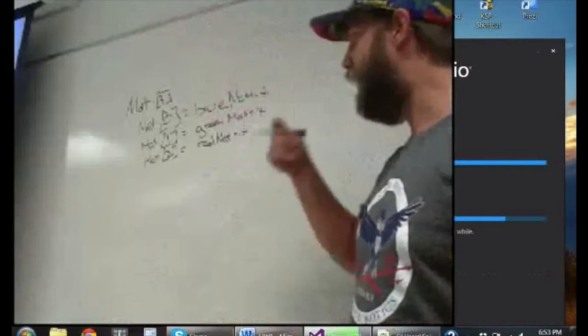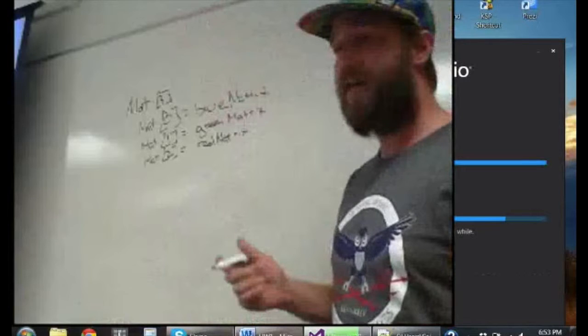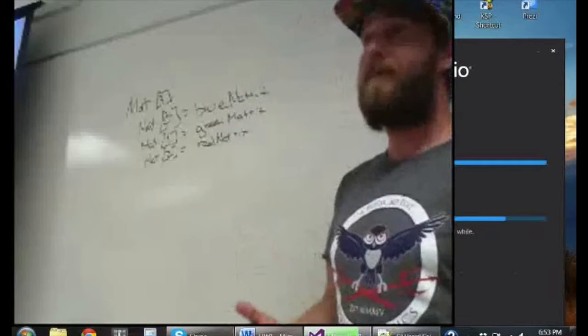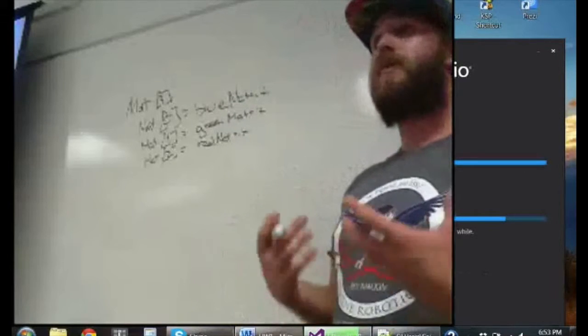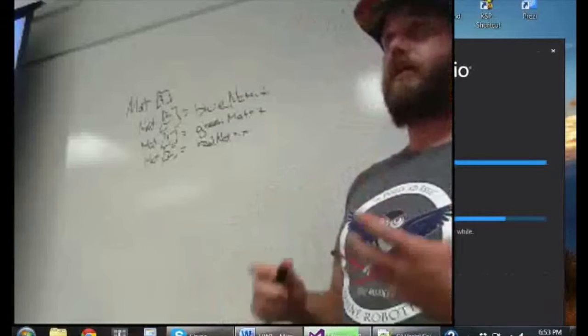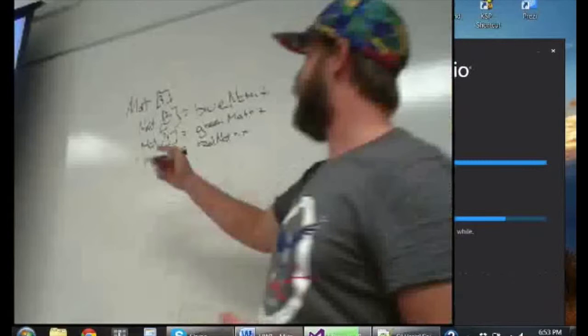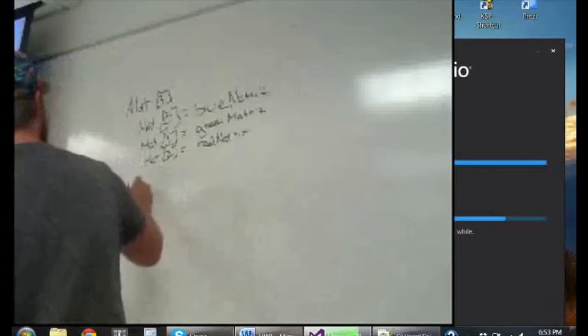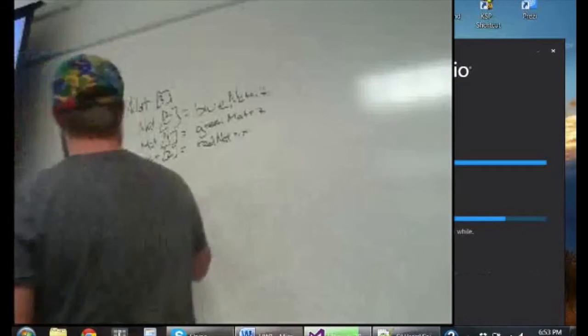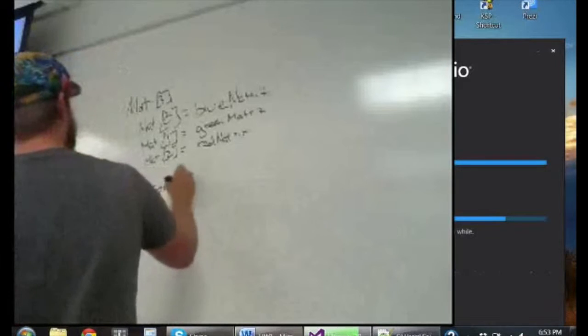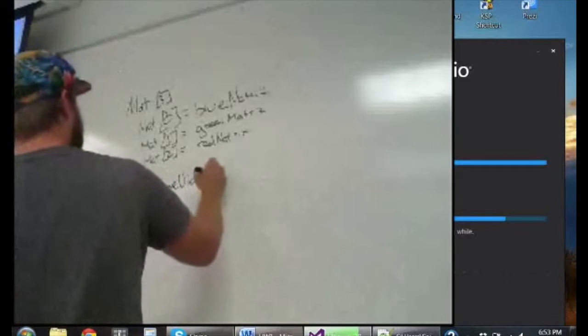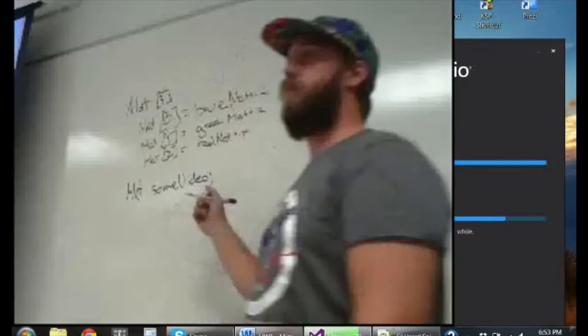Now let's say that we want a matrix. You can initialize your matrix in a couple of different ways. One of them is just this: if you just do Mat and say some video, this will work just fine.